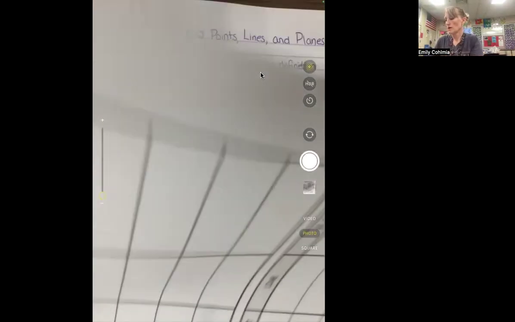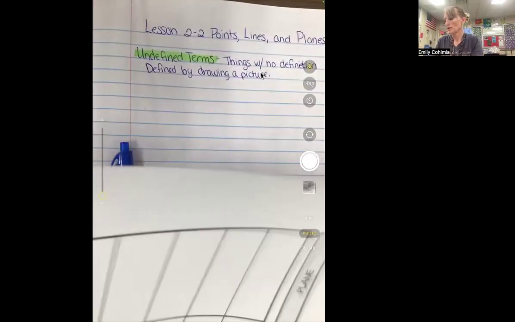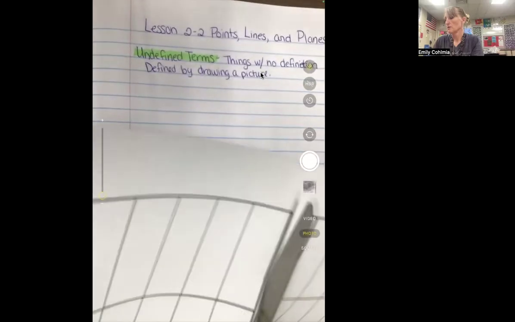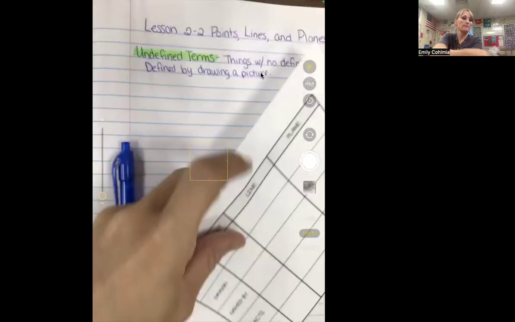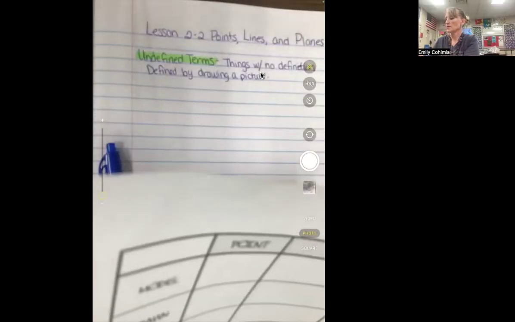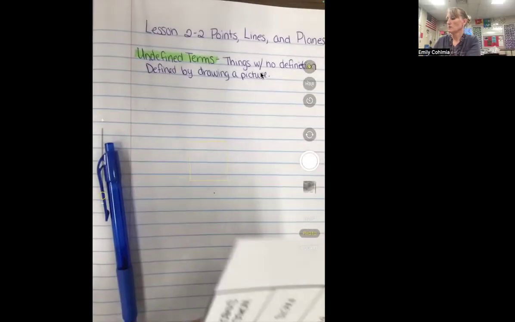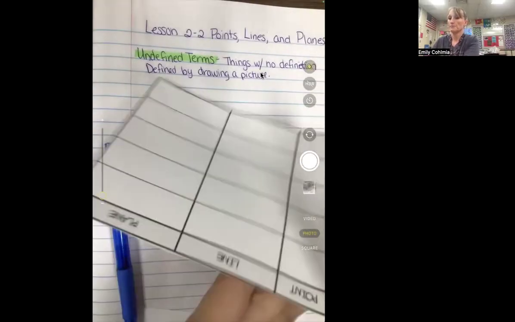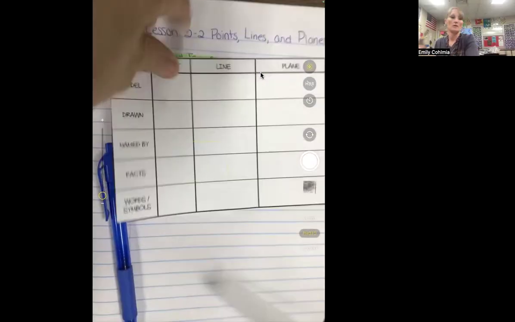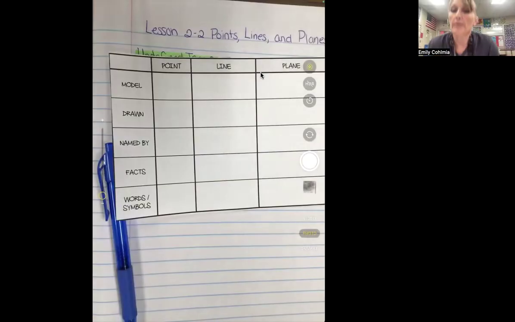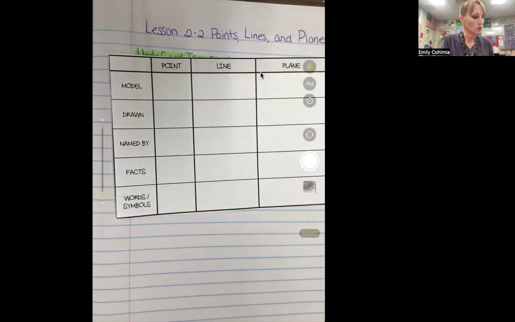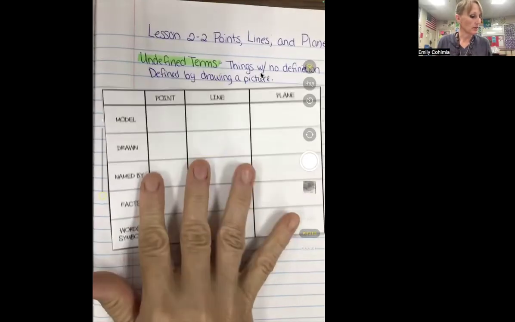Okay, so I'm going to cut this out, and then I'm going to cut around the outside so that I only have the table. And I'm going to wait to tape this in just so it'll be a little easier to write.